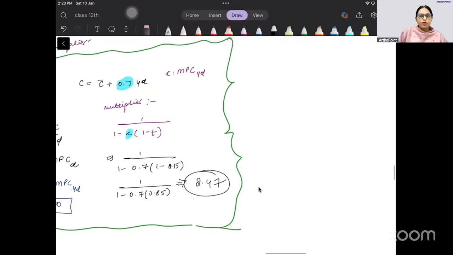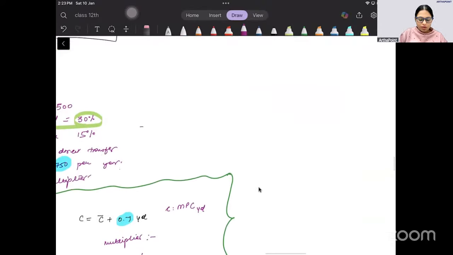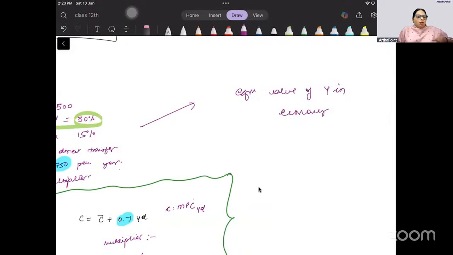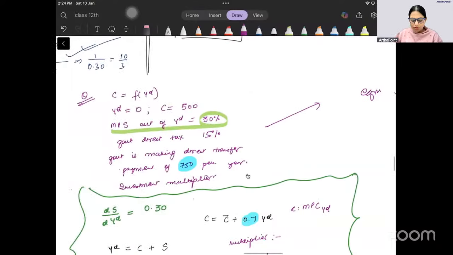Now, question number 2 from this one. Calculate the equilibrium value of income in this economy. Go ahead, do it. Equilibrium income in this economy.